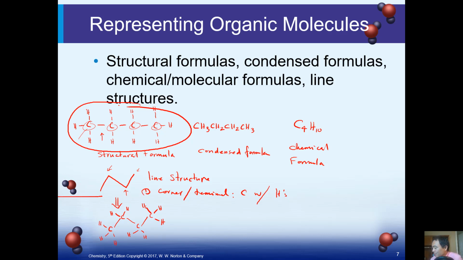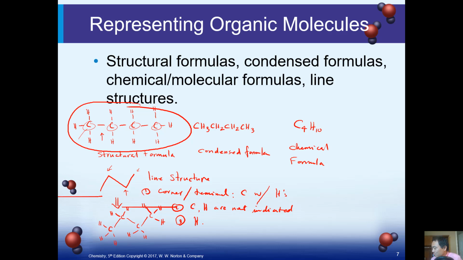So, just to make it 100% clear, the carbons and the hydrogens: in the line structure, the carbons and hydrogens are not indicated, except when hydrogen is attached to heteroatoms.